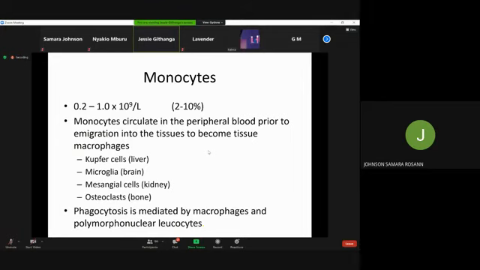And once they migrate, their lifespan can be in terms of months and years. So when you are doing your anatomy, I'm sure you came across Kupffer cells in the liver, the microglia in the brain, the mesangial cells in the kidney, and the osteoclasts in the bone. These are part of the macrophage system.